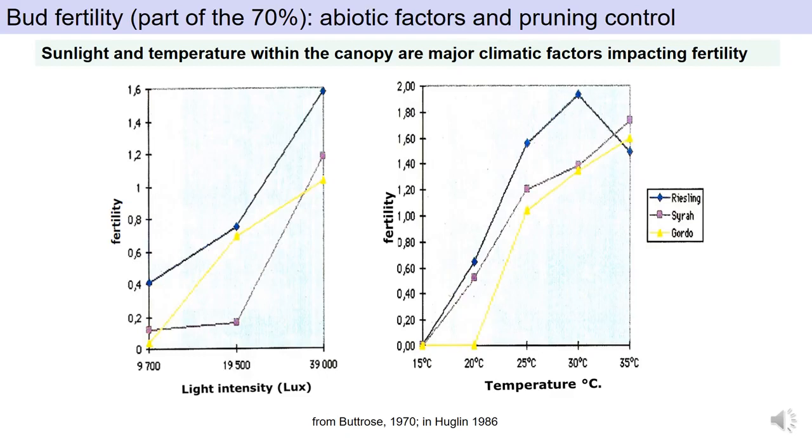And on the right hand side, you see that you need a certain temperature for this differentiation to be achieved, and the positive threshold will be between 20 to 35 degrees, meaning that low temperature or very high temperature could affect the differentiation of the latent bud.